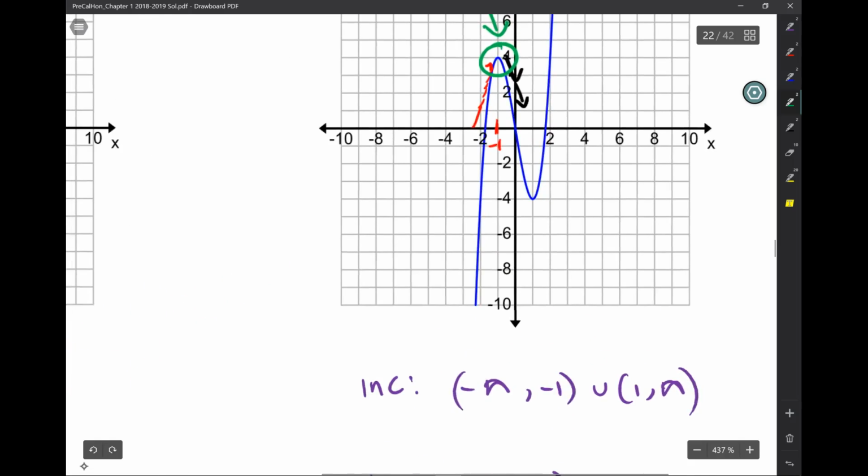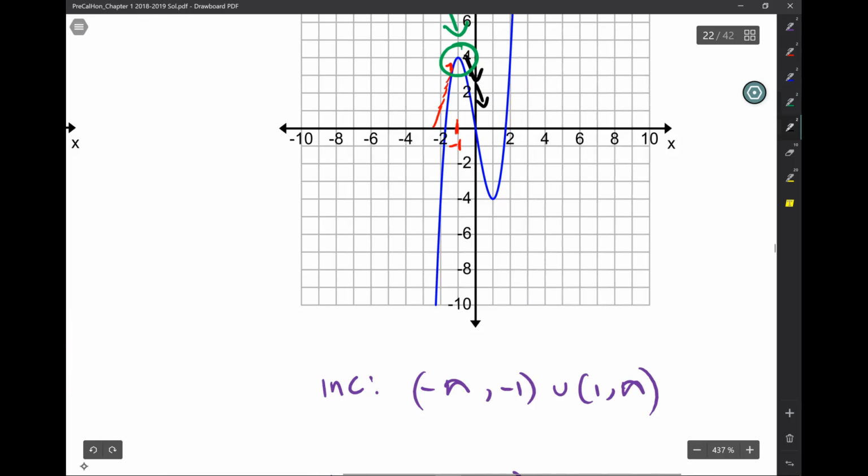And then here, it's decreasing, decreasing, decreasing, and then it decides to change to increasing. The point where it changes from decreasing to increasing creates a minimum value for itself.